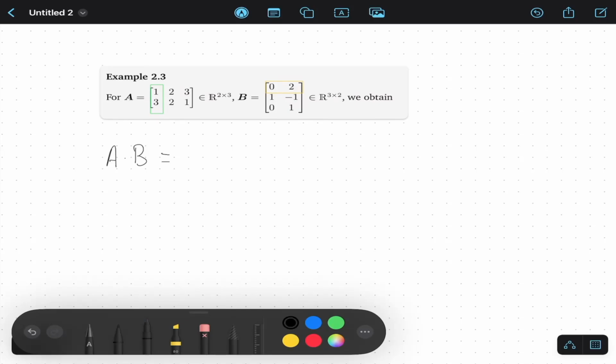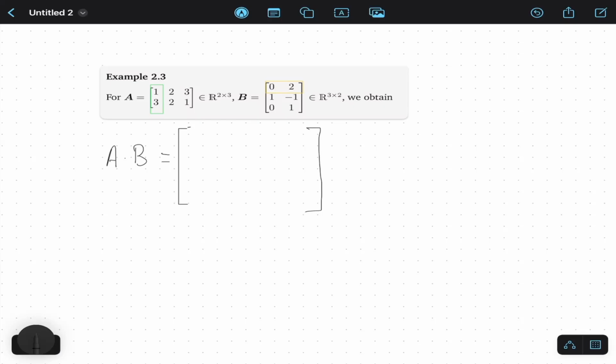Okay, let's do the multiplication now. What we are doing is A and B. That means that it should be a 2 times 2 matrix in the end. I will give myself some space. We will have 1 times 0 plus 3 times 2.